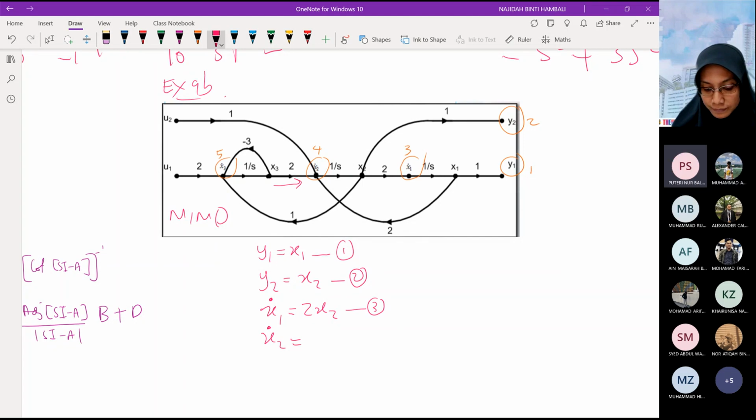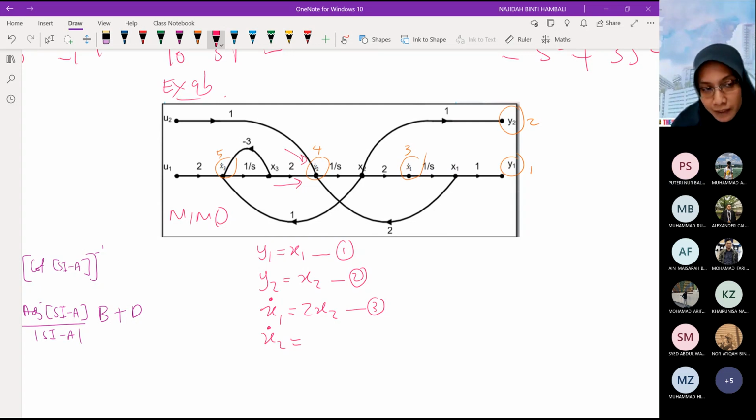Plus X2. U2. Boleh kuat sikit tak? Nah, mana lagi? Ada lagi. You tengok apa yang sambung kepada X2 dot tu. Tambah U2. U2, very good.